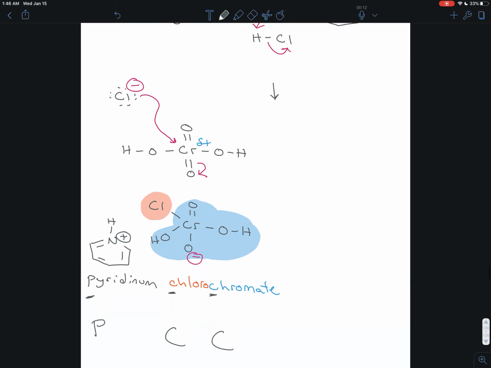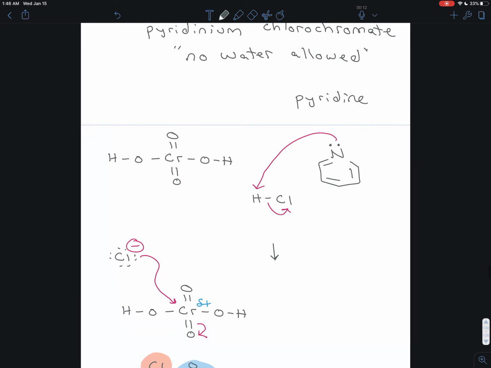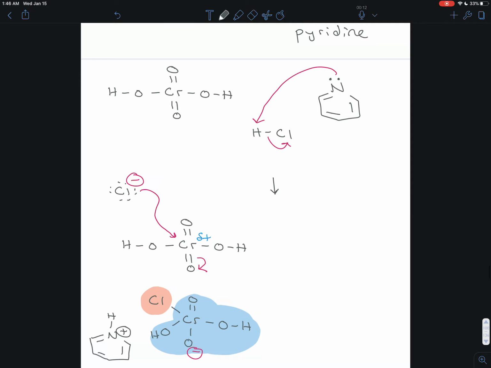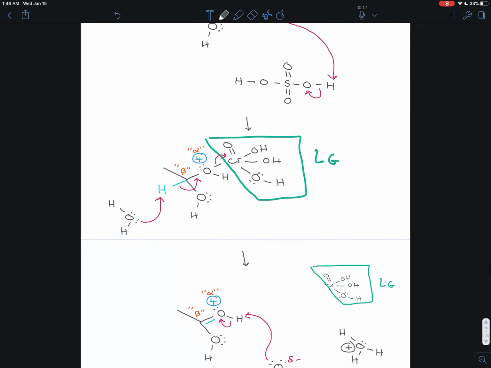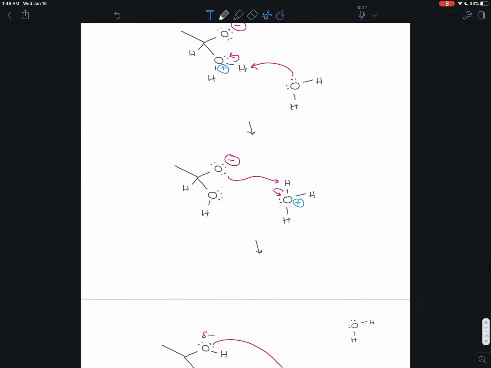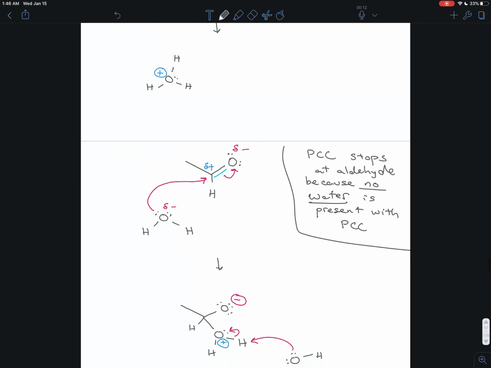But the crucial thing here is chromic acid is in water, and pyridinium chlorochromate is not. It's in this solution of HCl and pyridine. And because there's no water, once you have the aldehyde, this reaction doesn't happen.